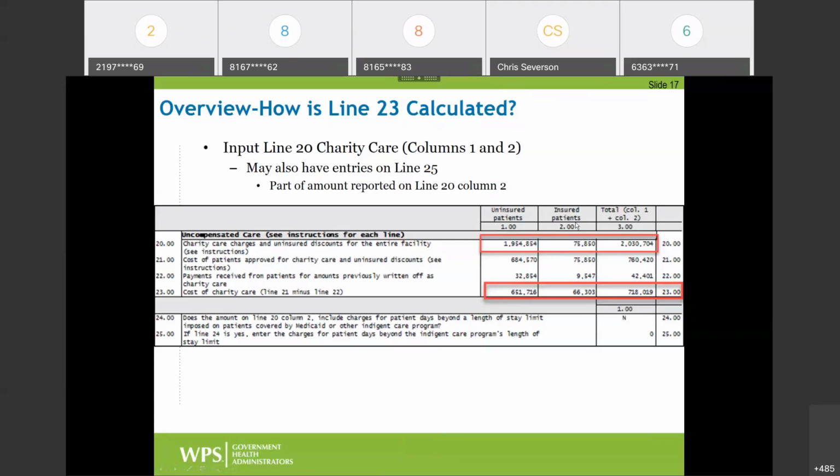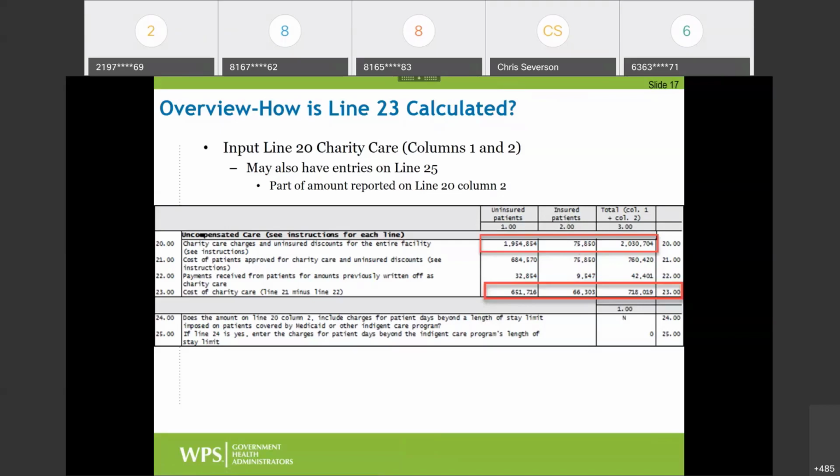However, the way the current cost reporting instructions are, they have a little bit of an odd element to them, where there are some things included in column 2 that aren't necessarily co-insurance, deductible or copay.